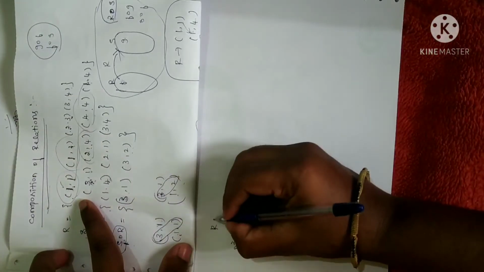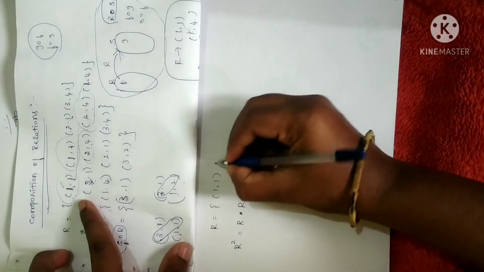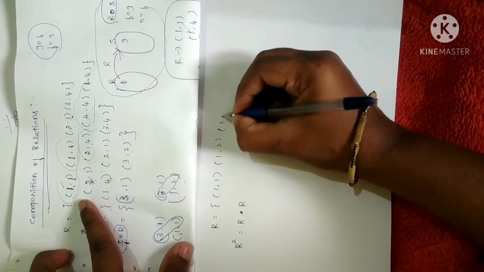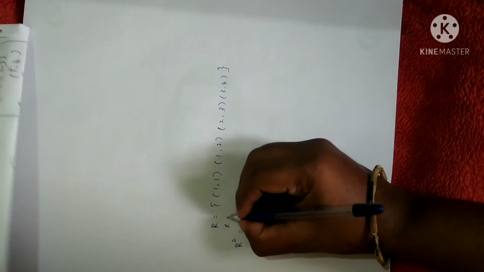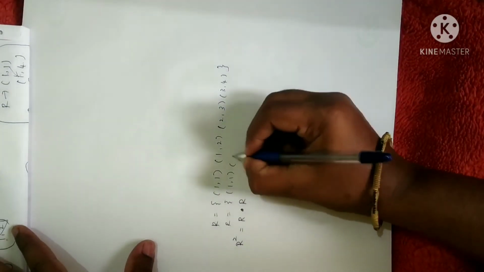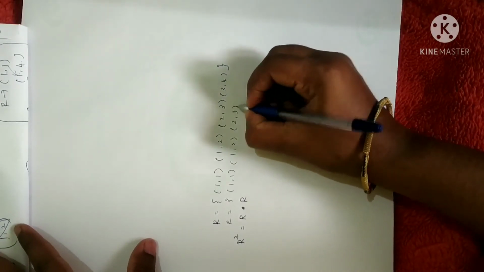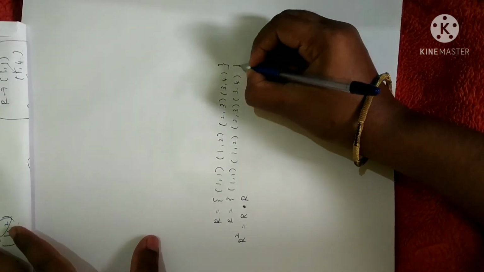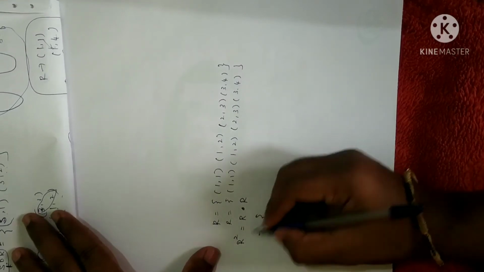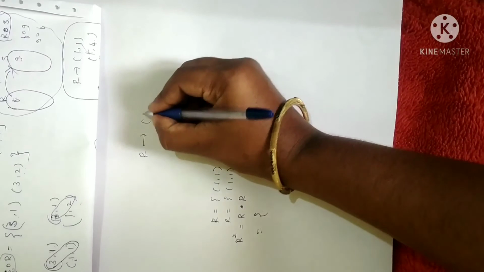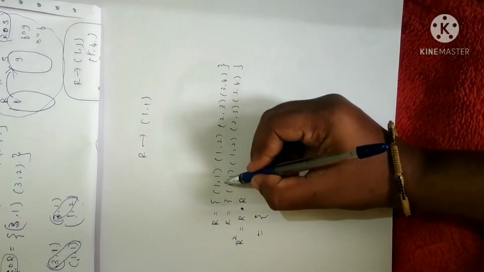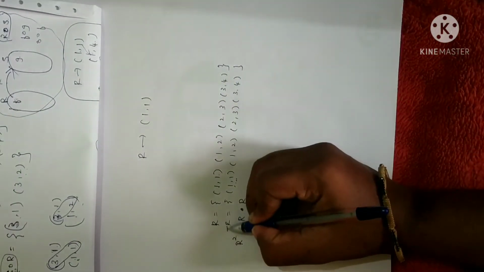Now, let me write the R elements here once again: 1, 1, 1, 2, 2, 3, 3, 4. I'll write it one more time so that there is no confusion for you. Now the elements of R square will be as follows. First take one element in R, 1 comma 1. Next, see the second set, it is R only.